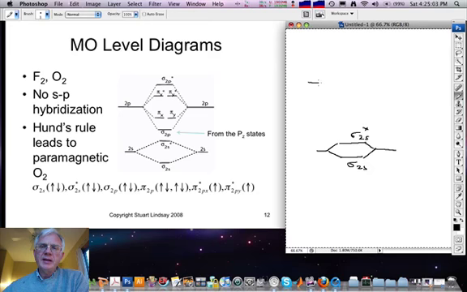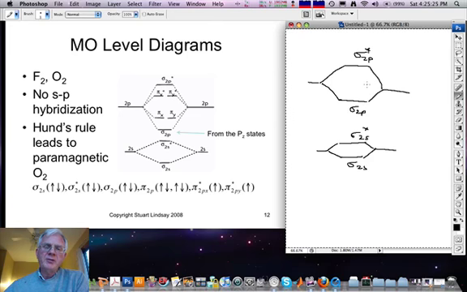The p states hybridize into the sigma 2p states, so these were the pz states, and the sigma star 2p antibonding state.